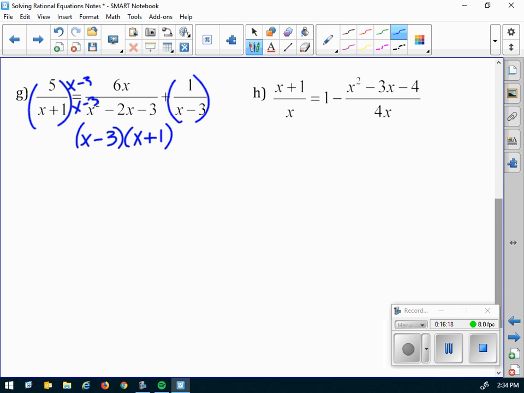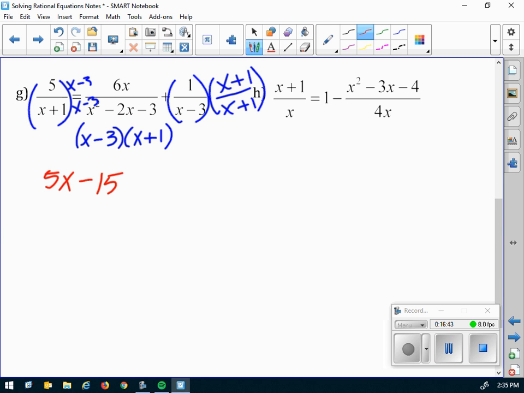And this one needs... all right, left side of the equation. Left side. What have I got in the numerator? 5x minus 15. Now, question.